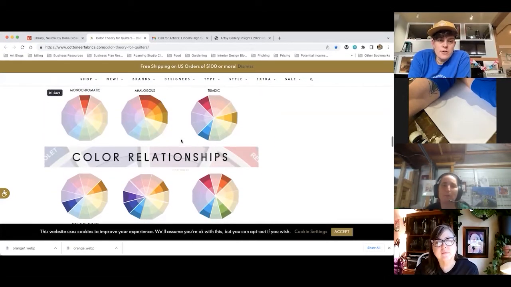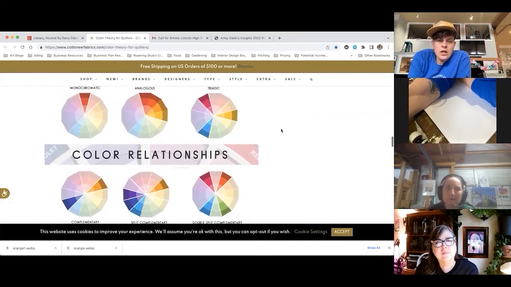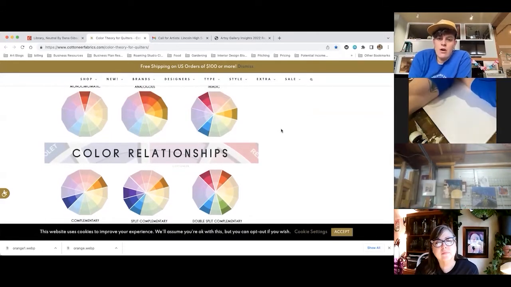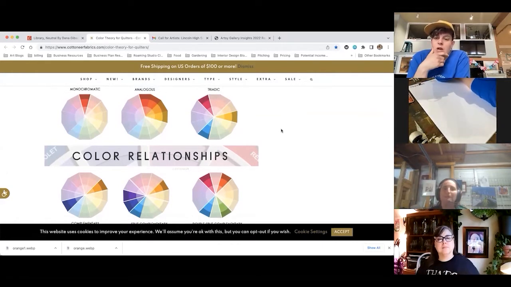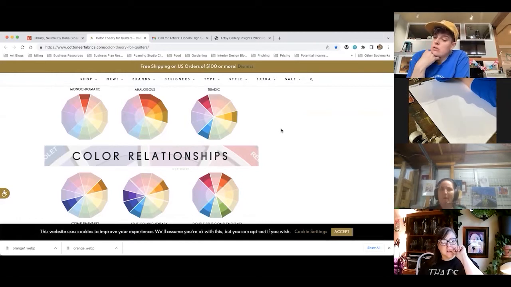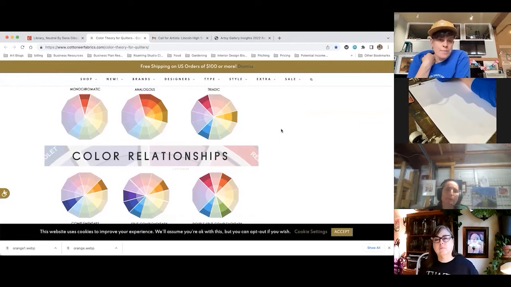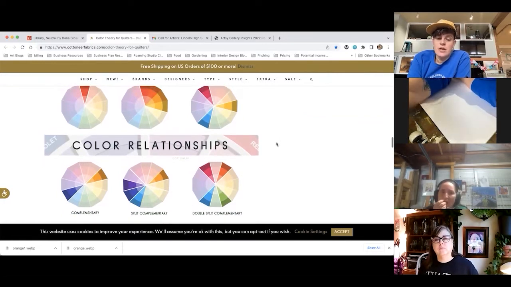What I like about this particular resource is that it clearly shows you what color choices can be by highlighting colors, right? So today we're going to do some colorings, kind of like adult coloring. However, we're going to start by choosing a complementary color scheme.